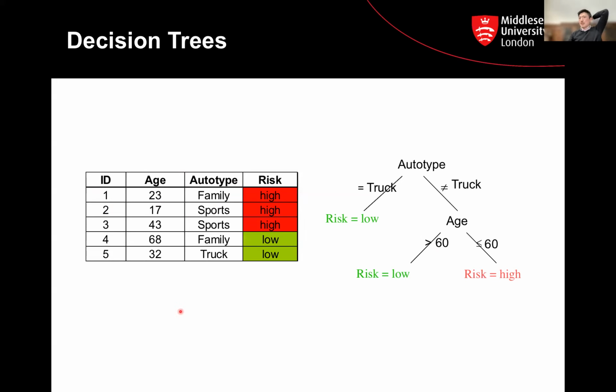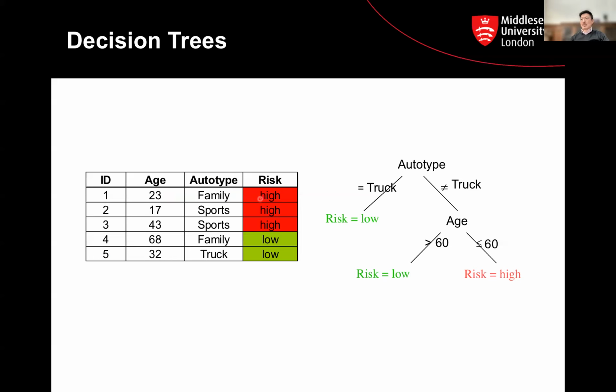Anyway, for decision trees, let's say this is the training data we have. For each data item, row, or data object, we have the ID, age, auto type, and then the risk. This is the attribute, sorry, the column we want to predict.